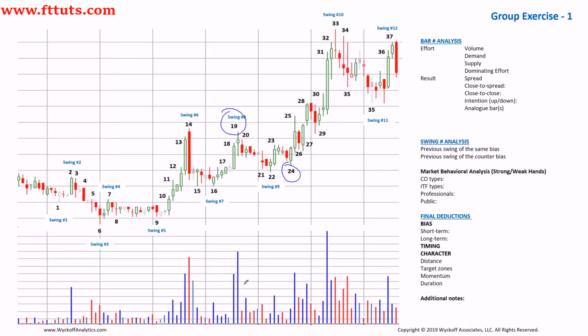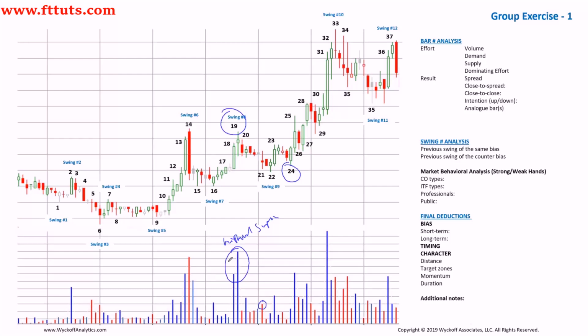Diminishing, with a local spike at 21. Yes, the highest supply was at 18 and 19, and then to the downside, this is where supply increased and demand came in and absorbed it.